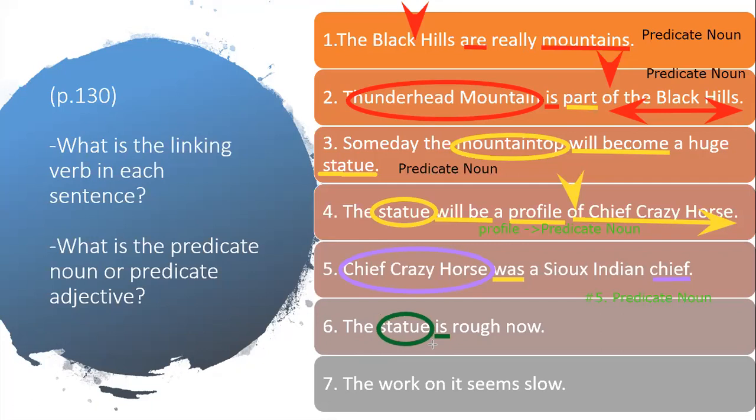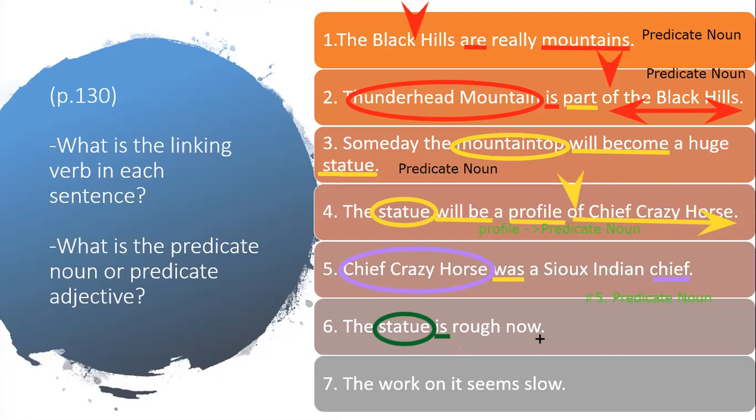So statue is the subject. I know, I was a little too close. Let me see if I can make it look better. Let's try this again. I want a nice, beautiful circle to cover the whole word. I think I got it. Okay, so statue is who or what the sentence is about, which makes it the subject. Now I'm going to focus on the predicate, and I'm going to look for a word that could be either a noun or pronoun or an adjective.